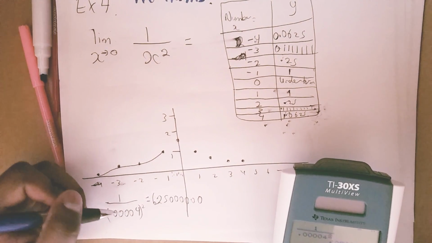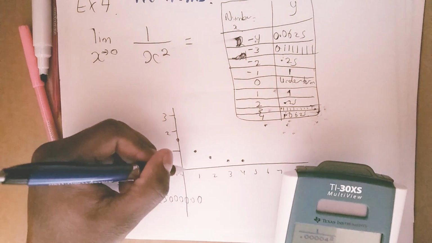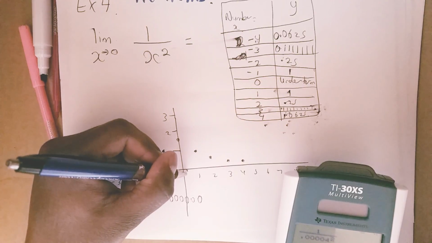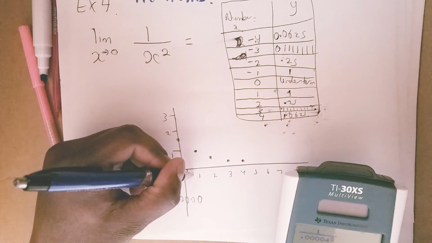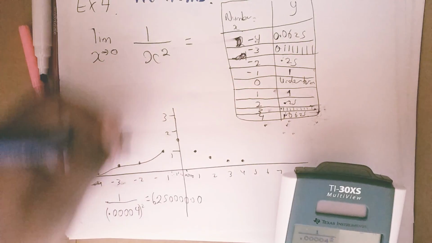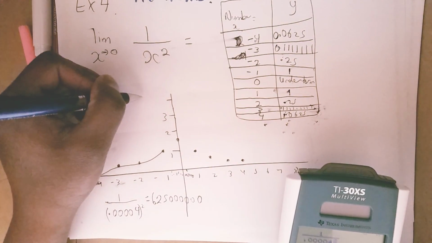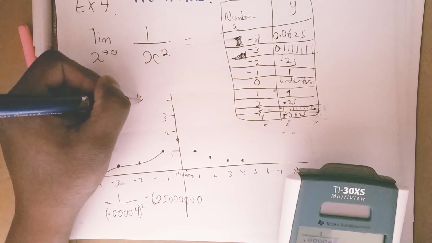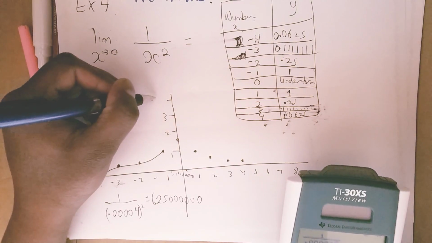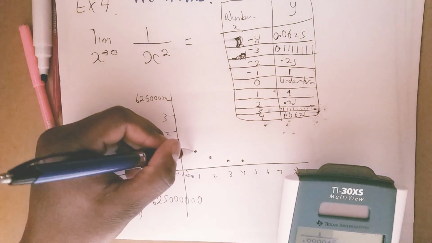So that means that if you plot a point extremely close to 0, you will get a value that is so high it would go up to millions.